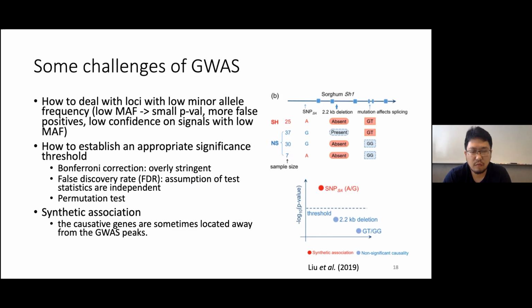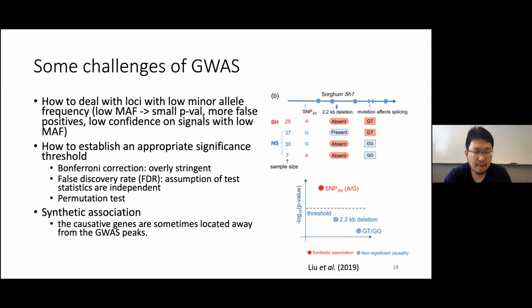But these rare alleles could be causal, but they're of lower confidence. So this is one of the major issues of GWAS, whether we should consider these markers, or we should exclude them, or filter them out.